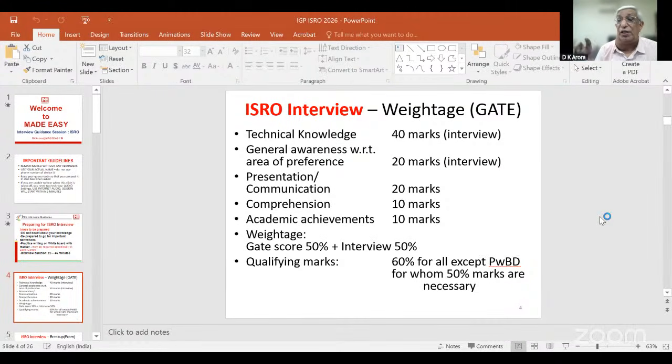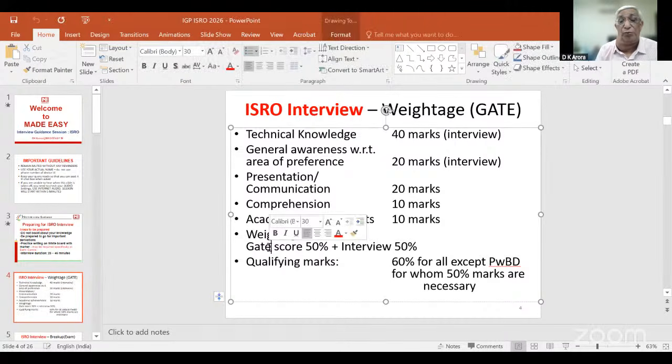Weightage for final ranking. 50% gate score, but in this case, it is not going to be gate score, but it is going to be your written exam score. And 50% marks for the interview performance. Qualifying marks are 60% for all categories. Aggregate, that is gate score, the written exam score, let me write here, gate/CBT.